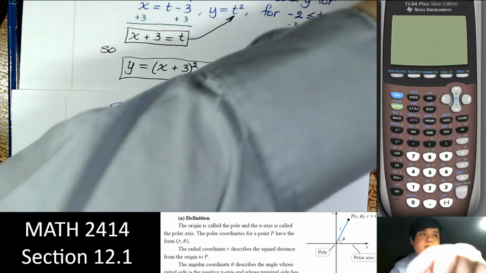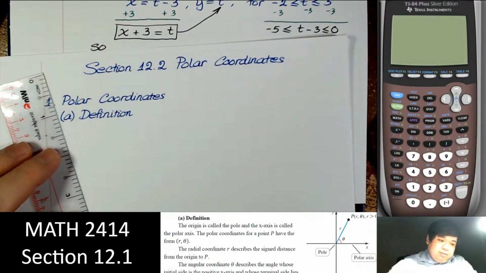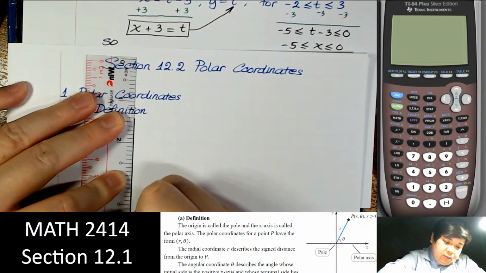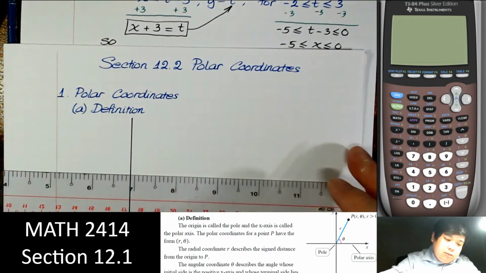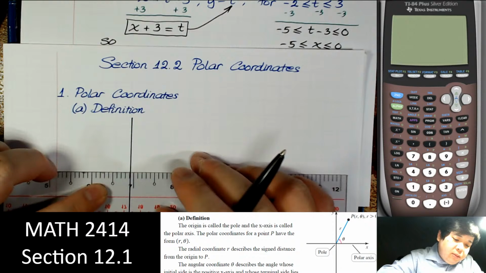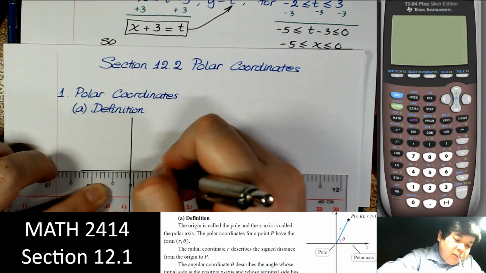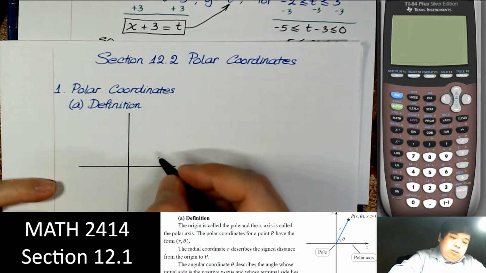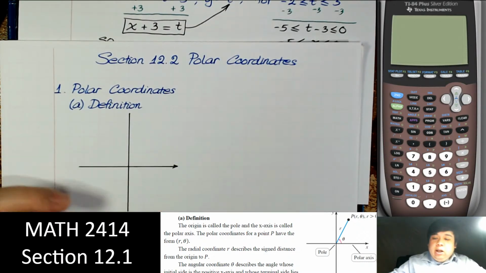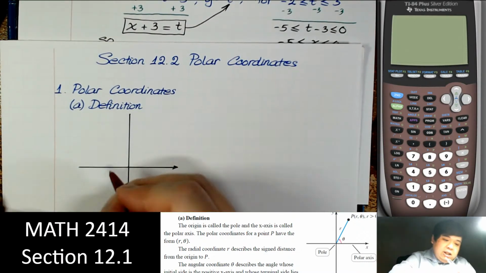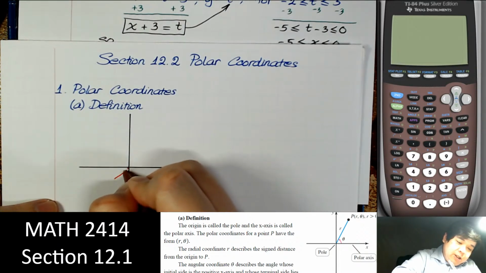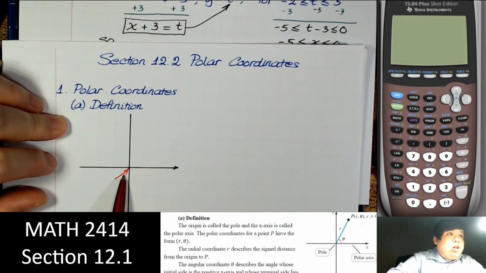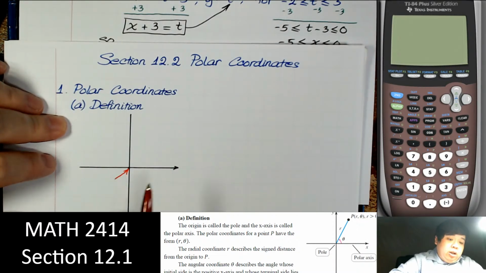So I'm just going to draw this instead. Right. So in polar coordinates, what we have first is, instead of the origin in xy coordinates, we use the pole.